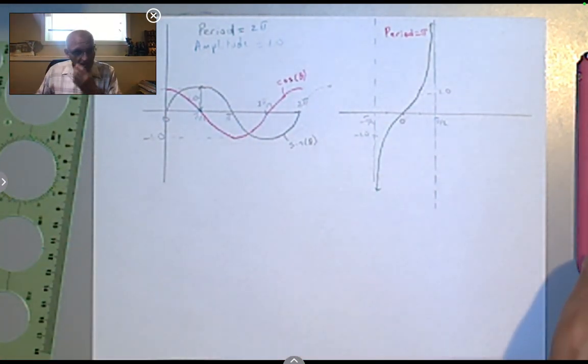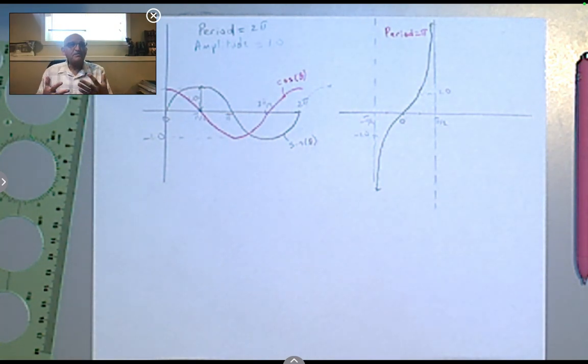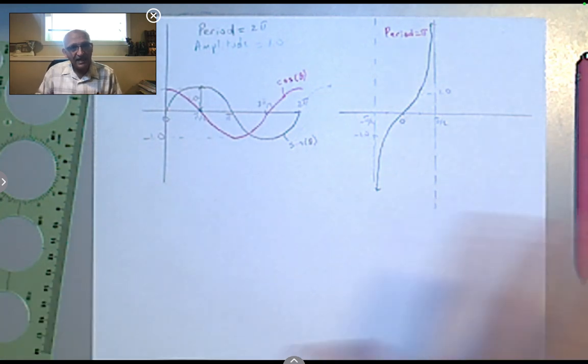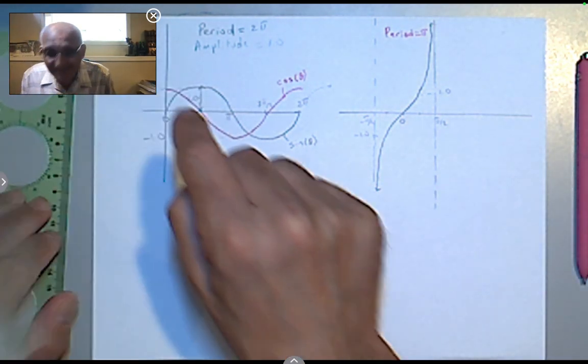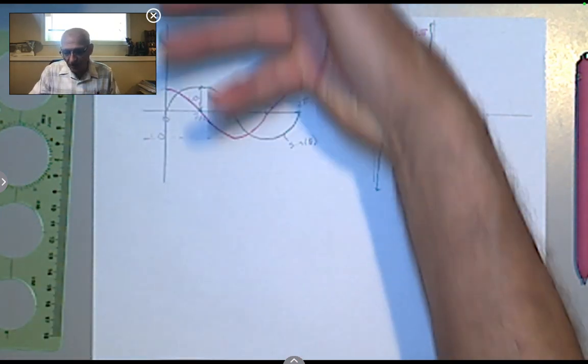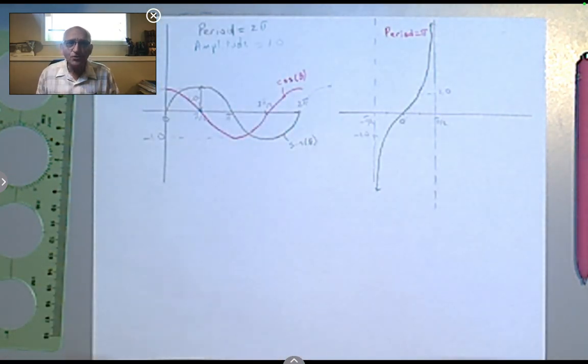Okay, so let's talk about some stuff. Remember, we talked about displacement. Displacement can happen in the x or the y, as we've seen in the previous functions. But here, when we have displacement in the y, we are going to call it vertical displacement, okay?